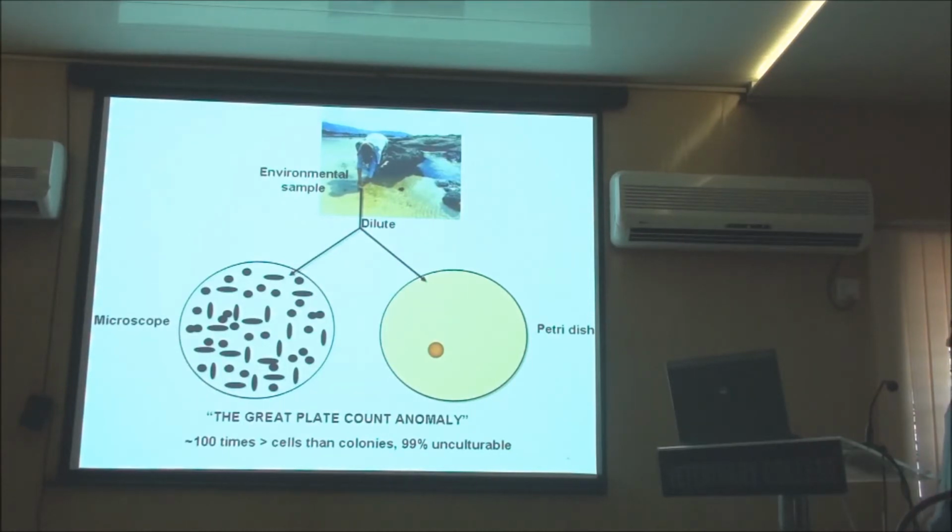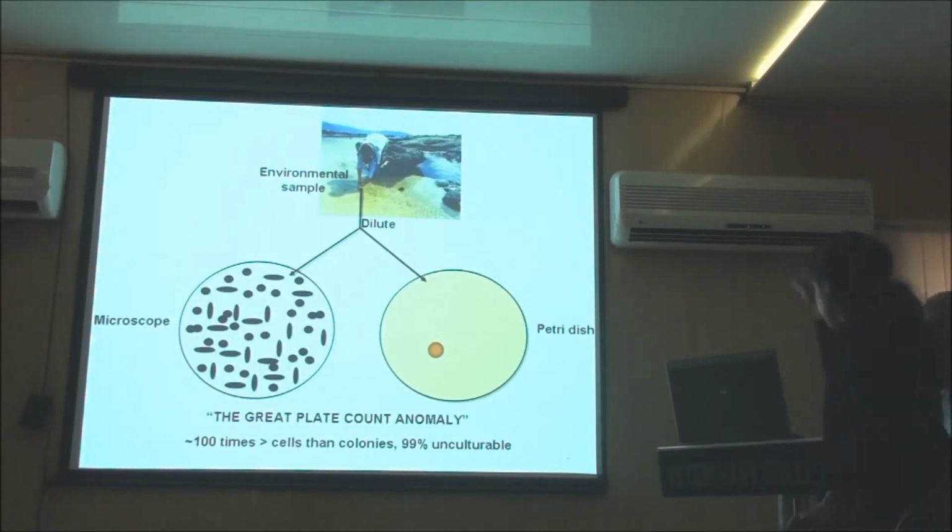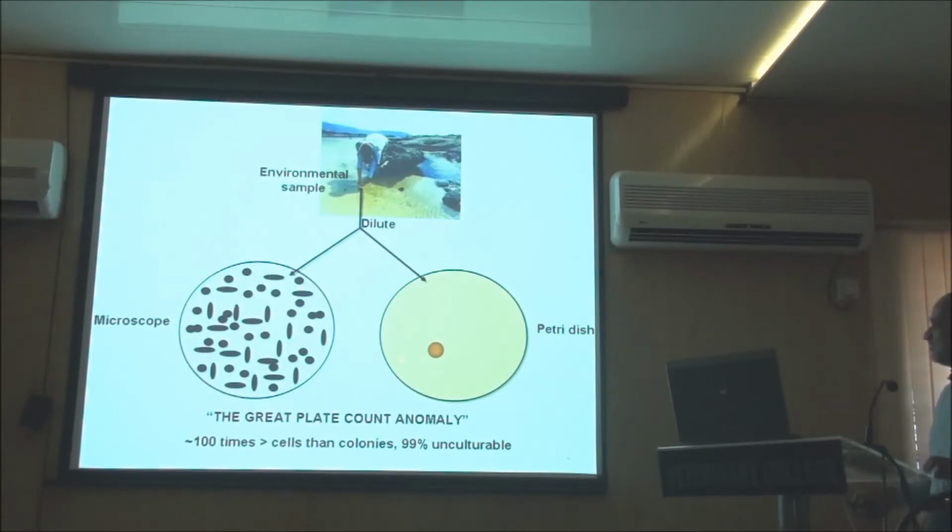In simple words, if you take any environmental sample, plate it on a petri dish to grow the organisms, and look at it under the microscope by any means of staining, you would find that your microscopic field is teeming with organisms. But when you grow it on the plate, you will find very few colonies growing. So the correspondence between what you see on the plate and what you see under the microscope is not there.